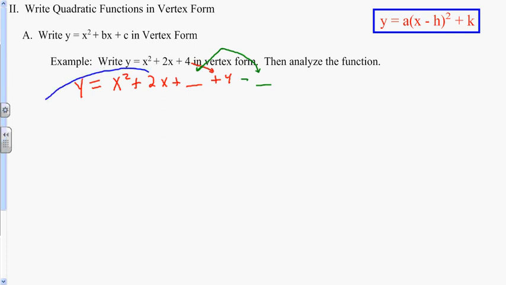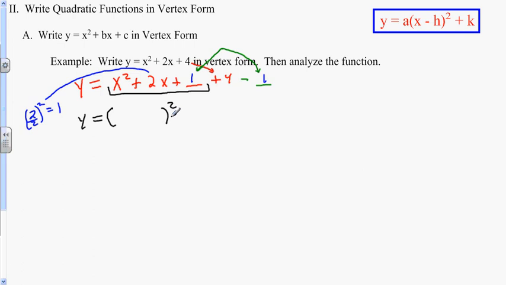We take our x coefficient, divide by 2, and square it. That will give us 1. So 1 is the number that will allow us to complete the square. Now keep in mind that we're trying to complete this part. So right now I'm going to go right to the step where we have something squared.